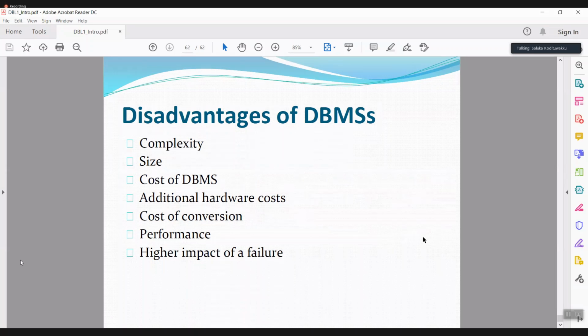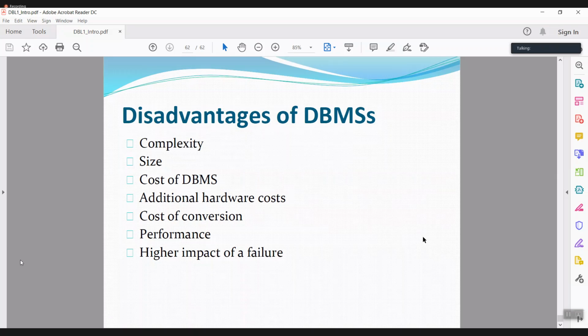That means we have to purchase the hardware to maintain the DBMS. On the other hand, rather than purchasing our own, we can hire through the clouds. Then you can hire the infrastructure and pay just for usage, but still the cost is involved there as well.